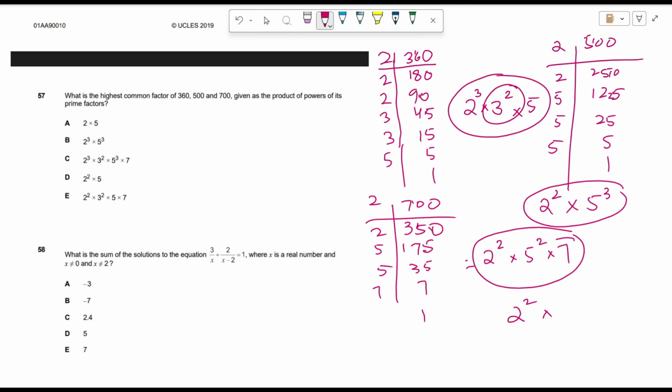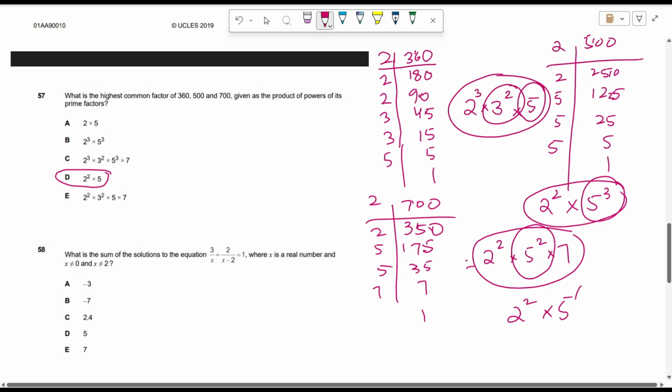If I take 7, 7 is here only, it's not here, it's not here, which means 7 is not common as well. Now let's take 5. Here we have only 5 power 1, here we have 5 power 3, here we have 5 power 2. So we'll have to take only 5 power 1 as common. So 2 power 2 into 5 is option D, which is our correct answer.